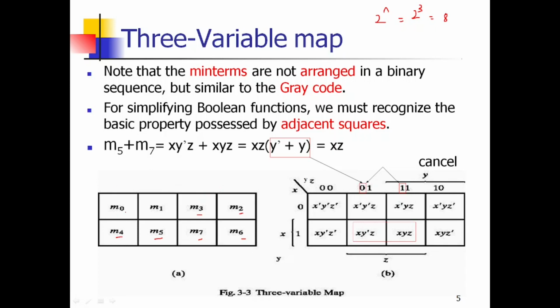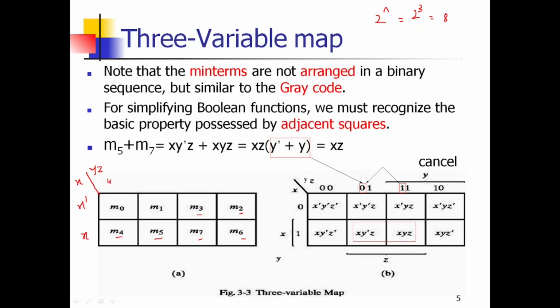Okay, so what is m0? Here we have 3 variables. The row variable is represented by x and the column variables are represented by yz. So this is x dash and this is x.